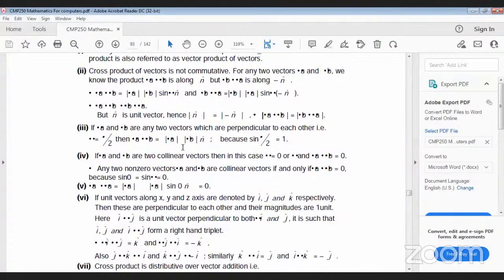If A and B are perpendicular, sine pi by 2, that is sine 90, is 1. And sine of what equals half? Can anyone tell me? What is the value?